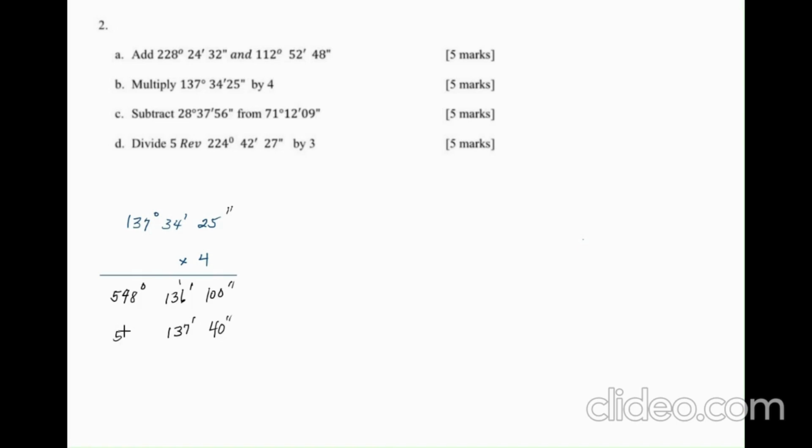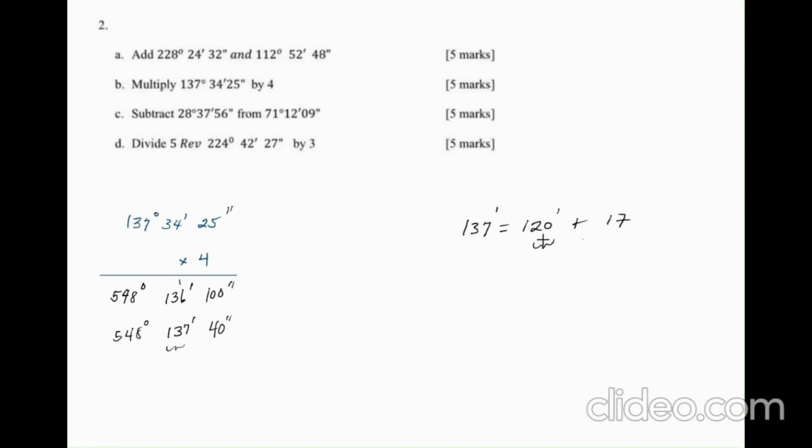We have 548 degrees. Now, we still can't stop there, right? Because this can't be more than 60, right? So when you look at 137, that's really equal to 120 minutes plus 17.